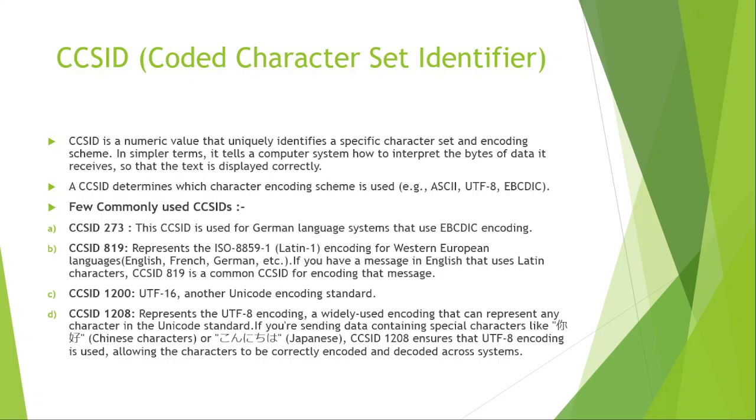And commonly used are 273 for German, 819 for the Latin languages, and 1208 for all languages. If you don't know which languages the business will need, or if the business uses languages like Chinese and Japanese, these languages will be encoded with the help of CCSID 1208, which allows the characters to be encoded and decoded across the system.